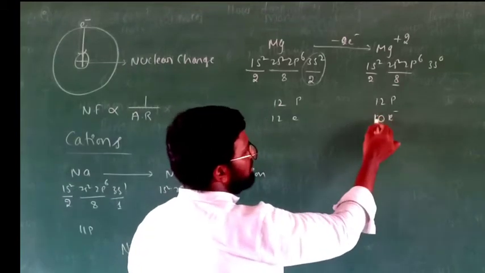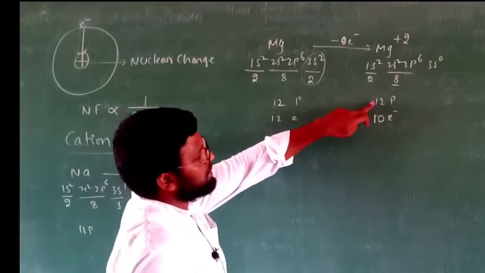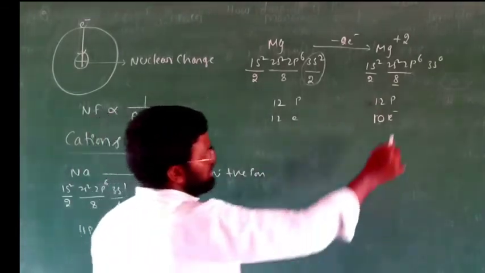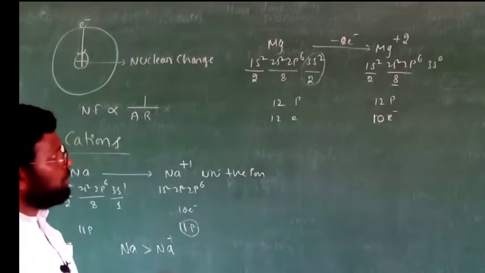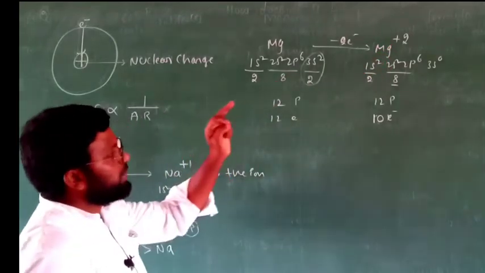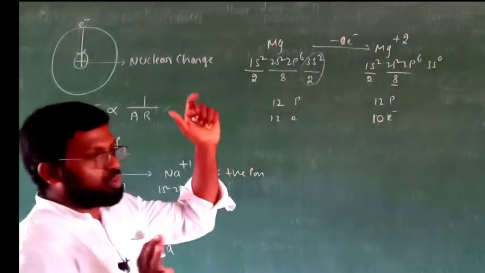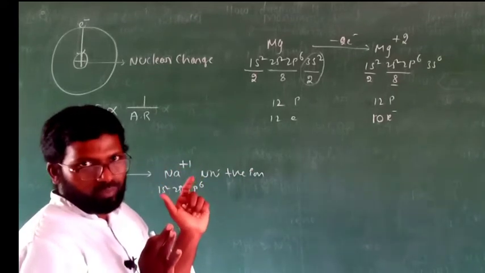That is, electrons are reduced by 2 units. Since the number of protons is greater by 2 units, it has got plus 2 charge. Now, when the positive charge or number of protons increases, the remaining 10 electrons are strongly attracted by the nucleus. Its size becomes less.